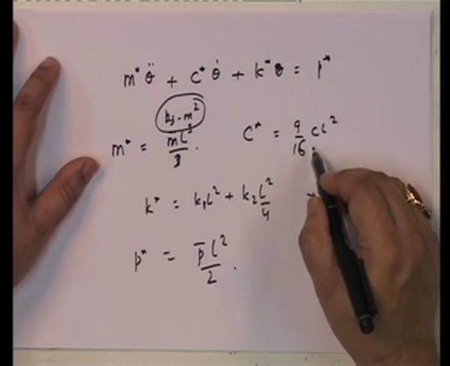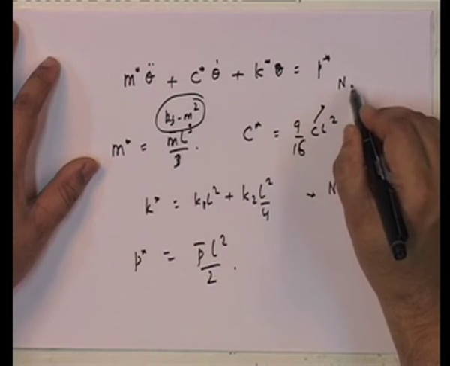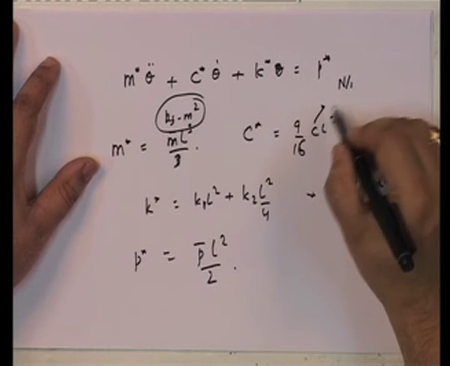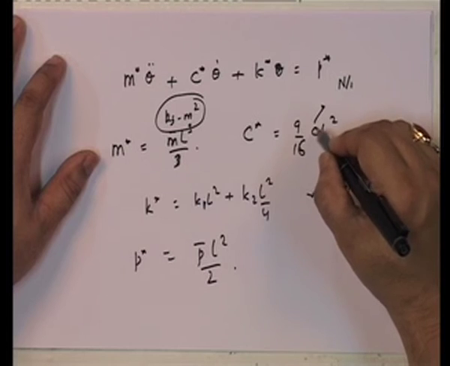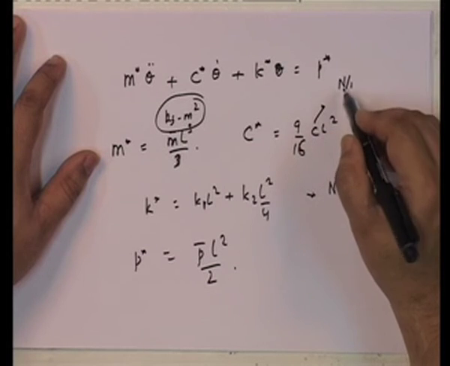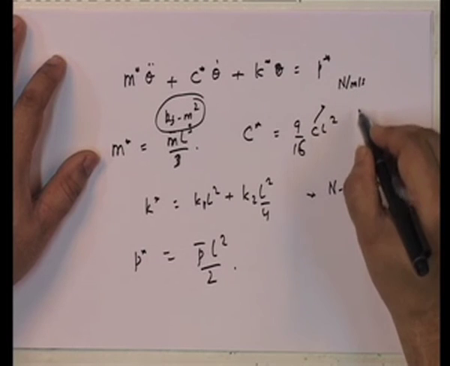Well, this one, what are the units of C? It is Newton per meter. C, if you look at this, is equal to force per unit velocity. So, force is Newton per unit velocity. So, it's Newton per second.